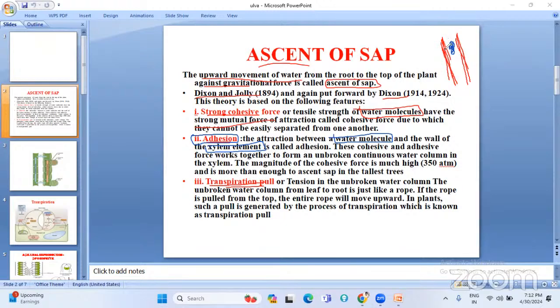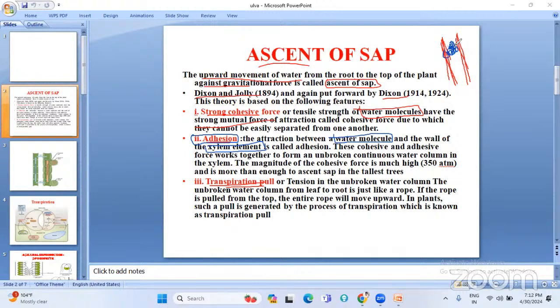This is the vessel wall. Between the water molecules there is cohesion force, so water cannot be separated from water molecules.